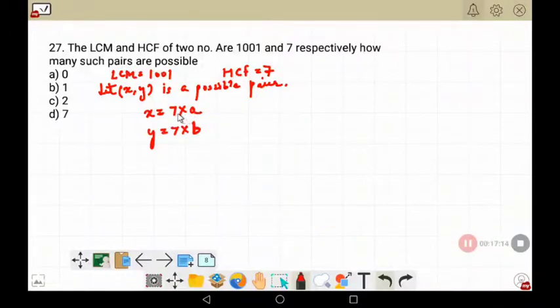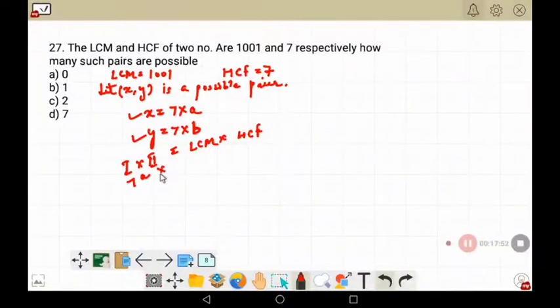So we can say if we multiply 7 with any number, we will get x, and if we multiply 7 with any other number, we will get y. So these are the possible two numbers. Now as you know, we have the formula: first number into second number equals LCM into HCF. Substitute the value. The value of first number is, don't know, 7a.